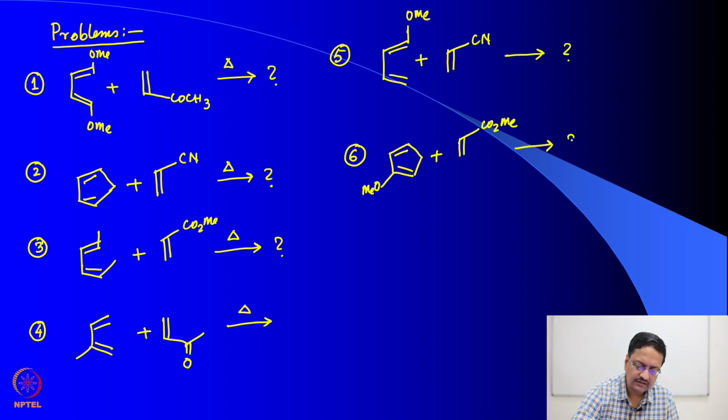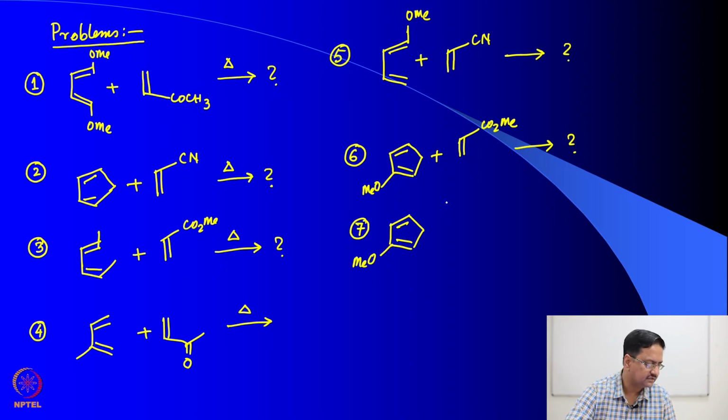You can see that I am slowly increasing the degree of difficulty and introducing the concept of the endo rule along with the unsymmetrically substituted diene and dienophile. So, you should keep in mind that whatever has been discussed in the first two lectures will be highly useful to solve these problems, because these are a combination of everything that has been discussed in the previous couple of lectures.